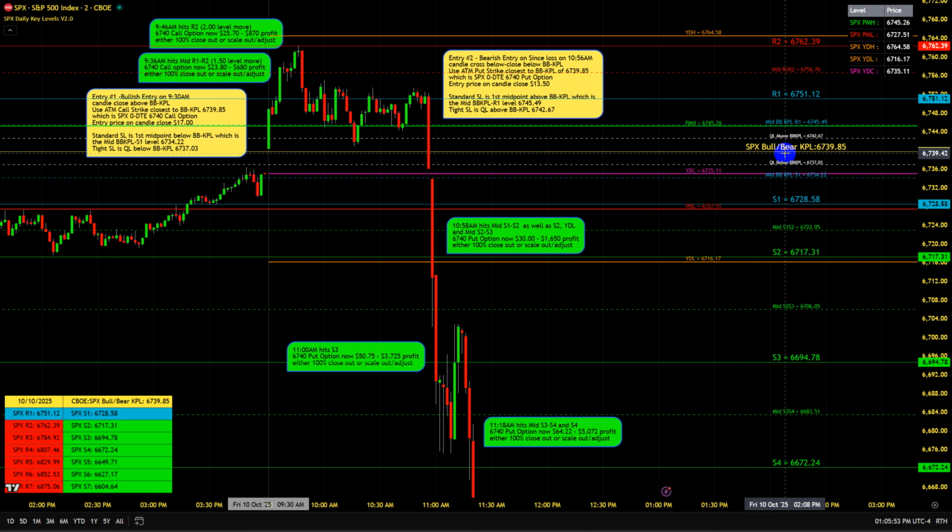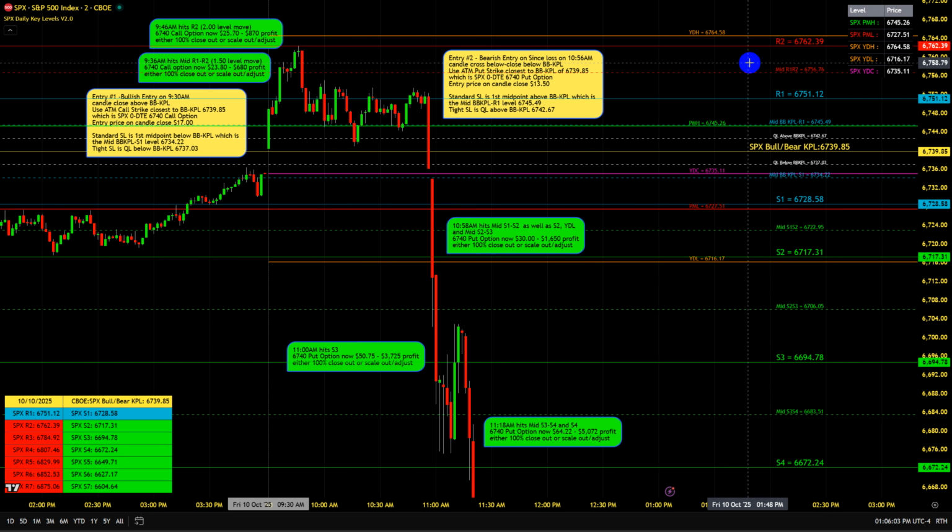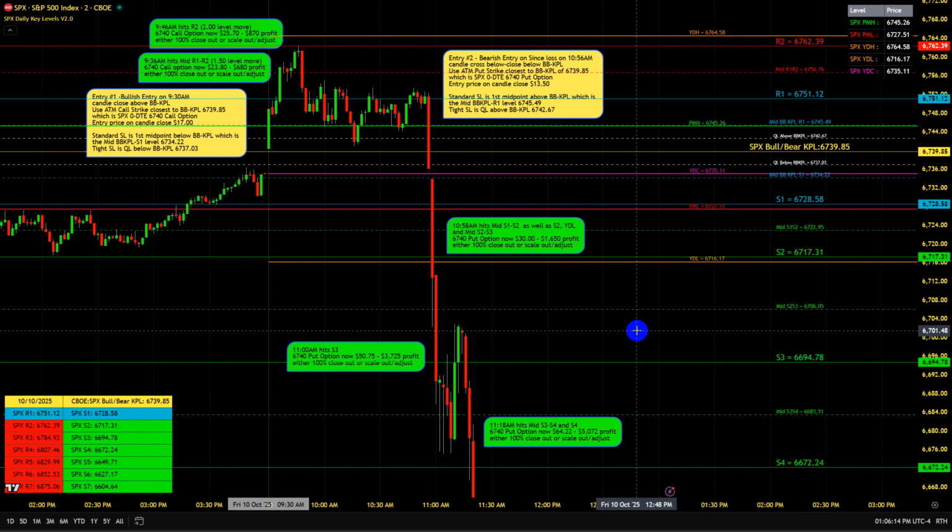So above the bull bear KPL level, the default settings for the indicator are that you would have the main levels of R1 through R6 on your chart, and below the bull bear KPL the main levels are S1 through S6. We happen to have additional levels of R7 and S7 turned on today because of how price action turned out and the volatility that was here in today's session.